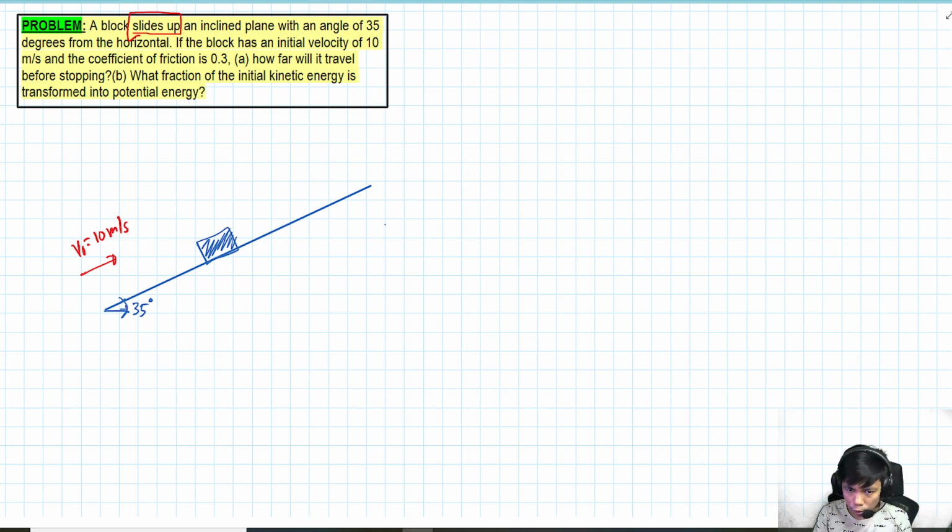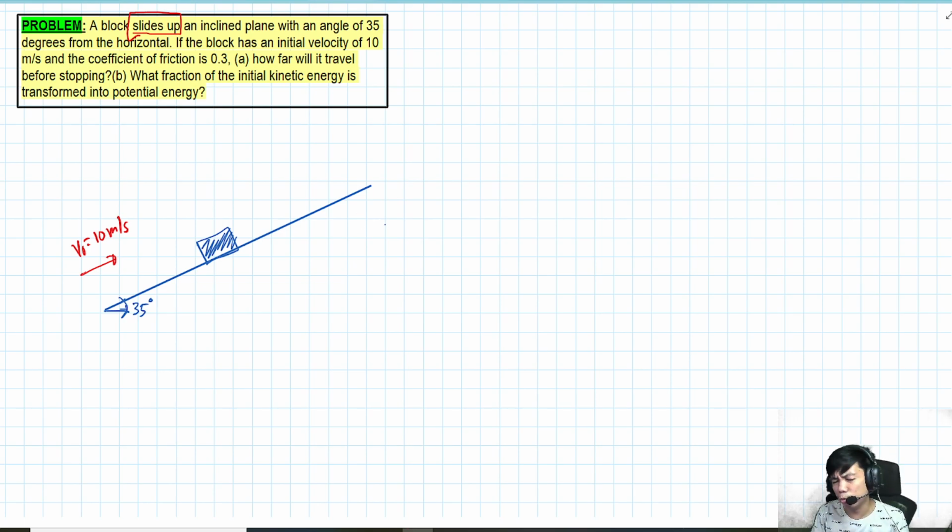Okay? So, kung may friction yan, ibig sabihin, if the block is given motion, or with an initial velocity of 10 meters per second, then meron tayo ditong friction sa surface na to. So, ibig sabihin, as time passes by, the velocity will decrease due to friction.